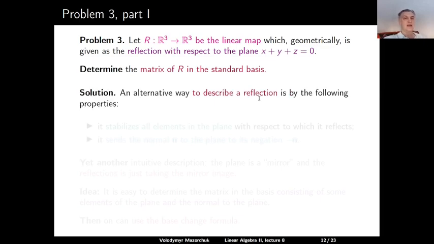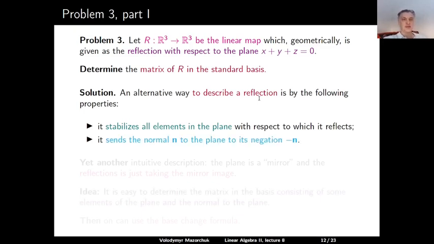Solution. An alternative way to describe a reflection with respect to the plane is by the following properties of this map. First of all, it stabilizes every element on the plane. If we have a vector in the plane and reflect this vector with respect to the plane, we get the vector back.